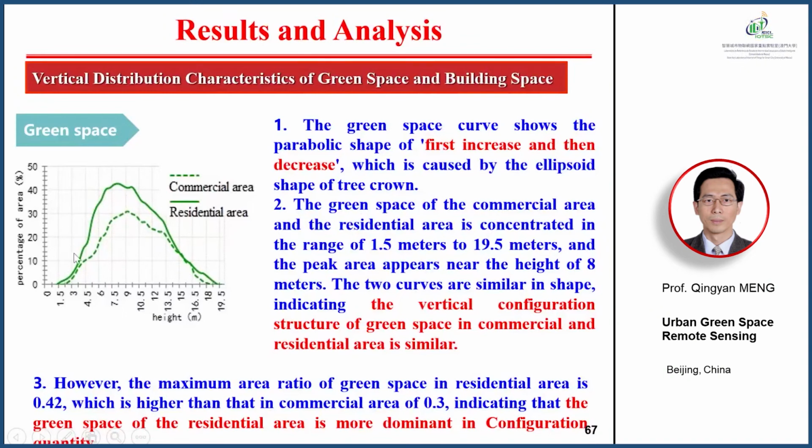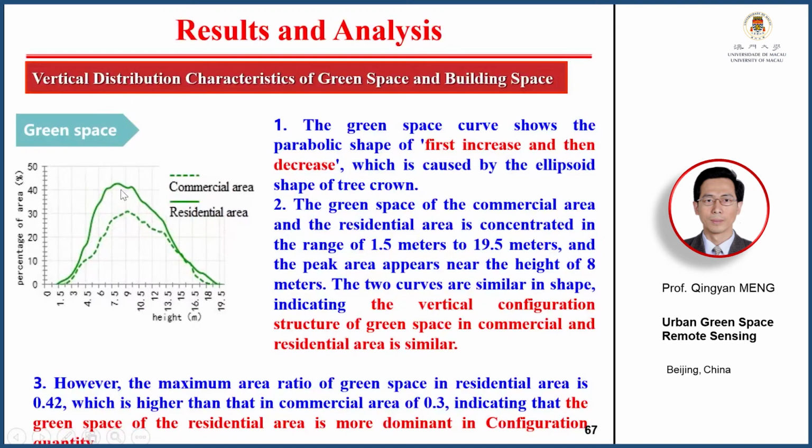The green space of the commercial area and the residential area is concentrated in this range, and the peak appears about here. The two curves are similar in shape, indicating that the vertical configuration structures of the green space in commercial and residential areas are similar.